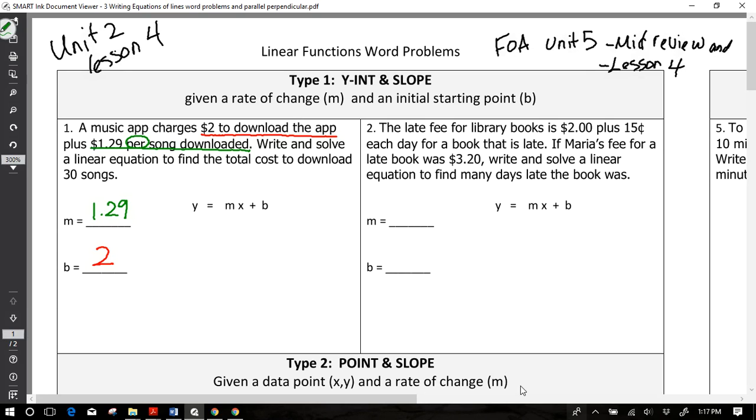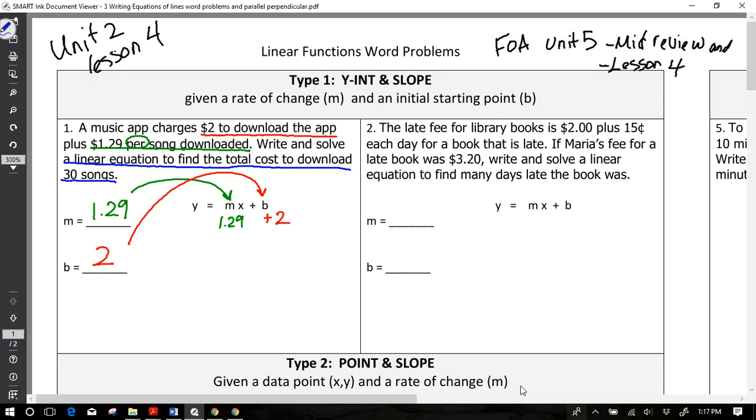So now I am going to write the equation of the line. I'm going to plug the slope in right here where it goes, 1.29. I'm going to plug the y-intercept in right here where it goes. That's a +2. And then I'm going to have to plug in a third piece of information that they gave me at the end where they asked me a question. We need to find the total cost to download 30 songs.